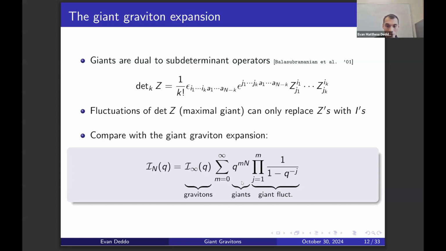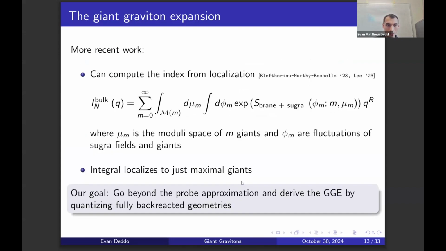More recently, this has been put on a bit firmer footing by computing the index from localization. This is based on work by Murthy, collaborators and Lee last year.